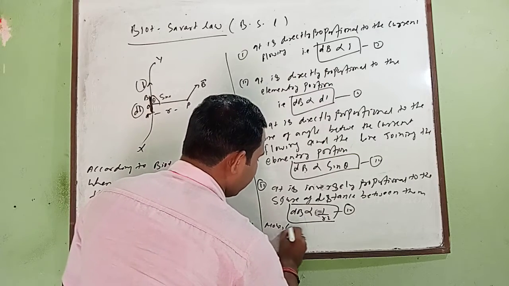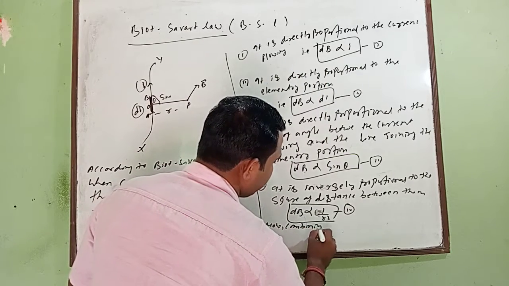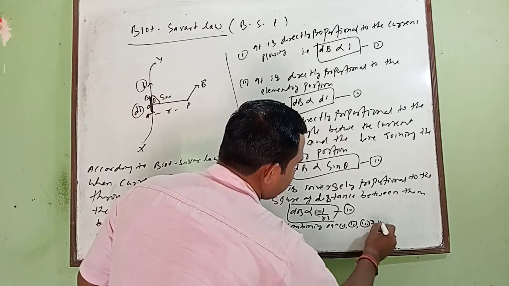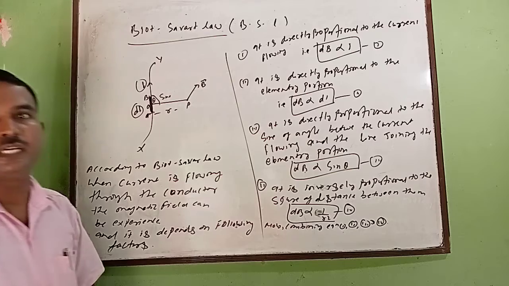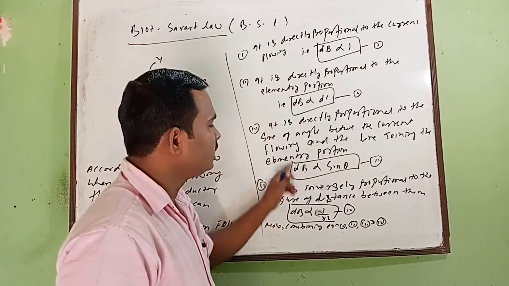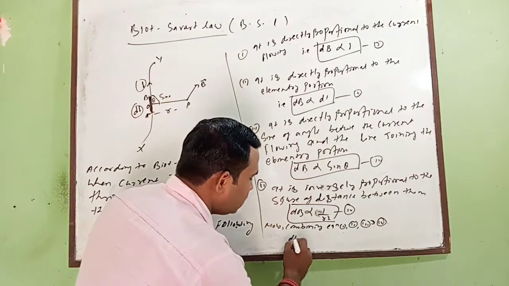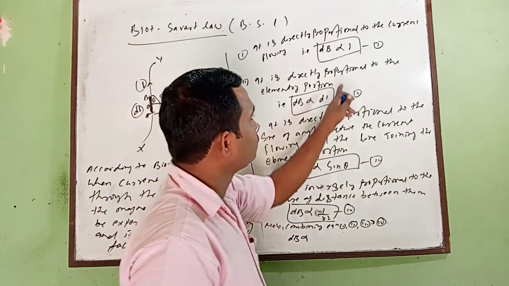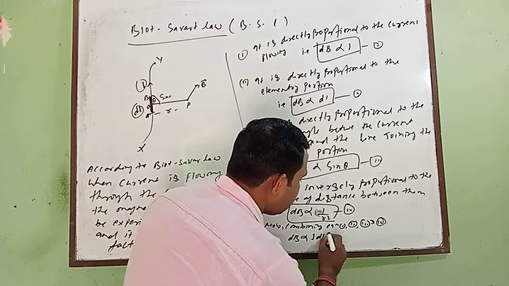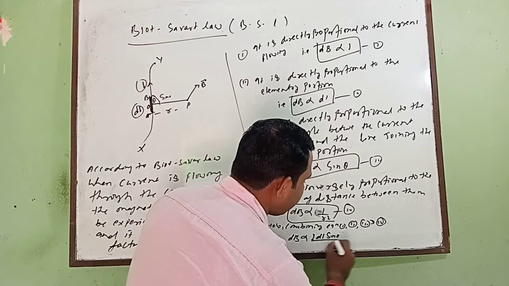Now combining equations 1, 2, 3 and 4. If you combine, all having the same dB, you can write dB directly proportional to I dl sine theta by r square.